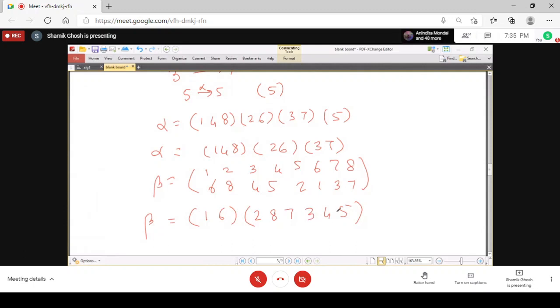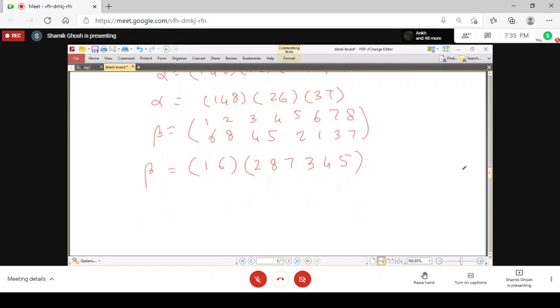So this is alpha, this is beta. Now in the cycle notation, how we can compute the inverse, it is also very easy. We will just invert everything. You know that if you have A, B, C and you want ABC inverse, it's nothing but C inverse, B inverse, A inverse.